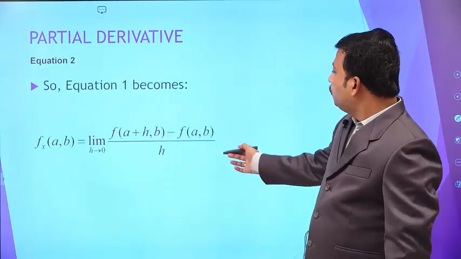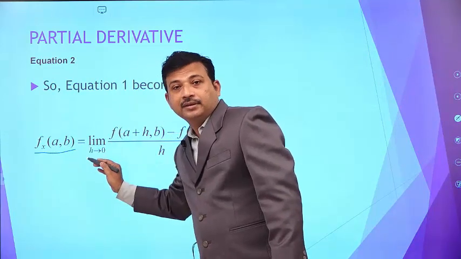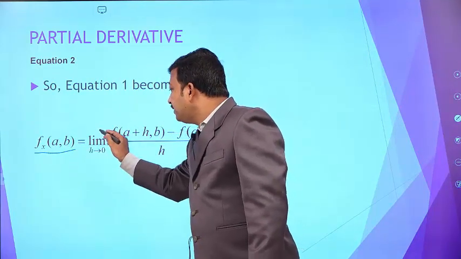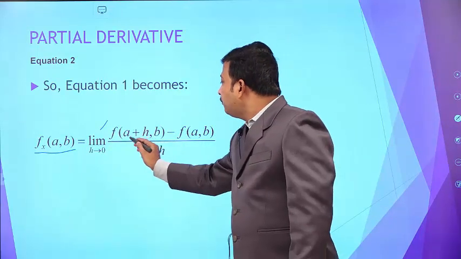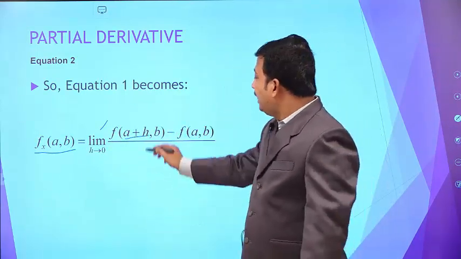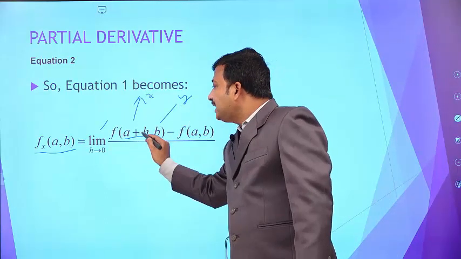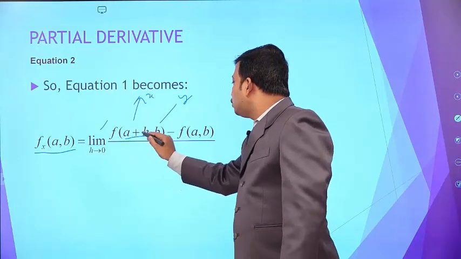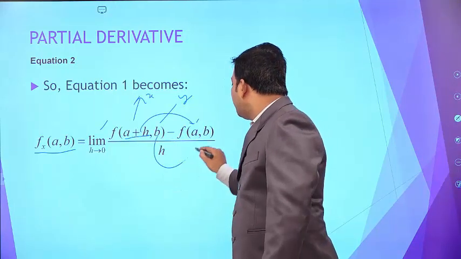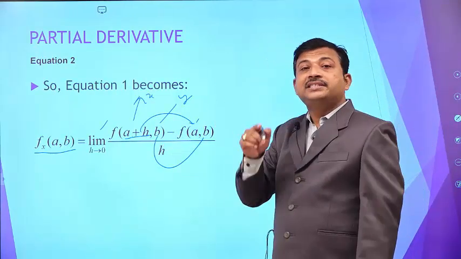For two variables, we can write fx of a, b equals limit h tends to 0 of f of a plus h, b minus f of a, b by h. The increment h is for x, and b, the y, is fixed. Is it clear? So we are fixing y and changing x.